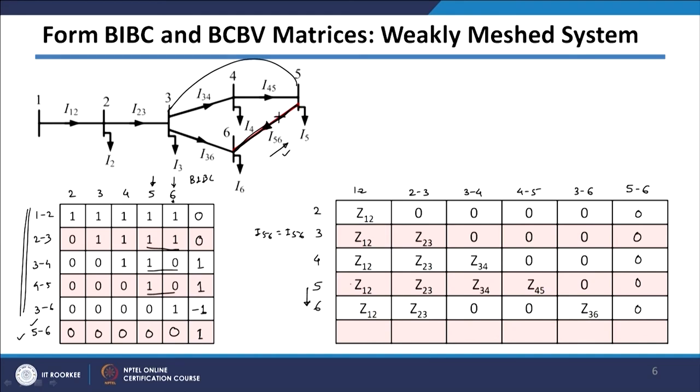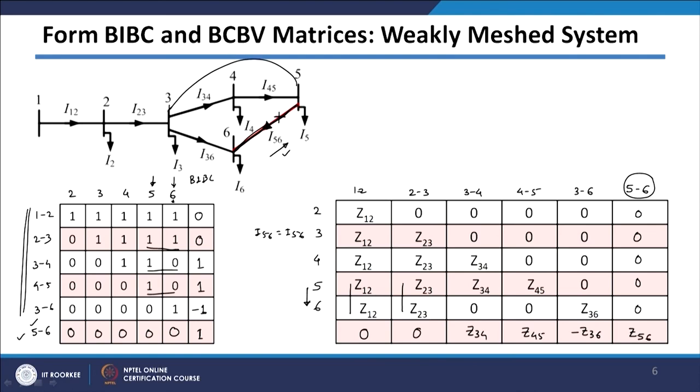So, in this case it will be Z12 minus Z12, which is 0, Z23 minus Z23, 0, Z34 minus 0, so Z34, Z45 minus 0, Z45, and 0 minus Z36, so it will be minus Z36. And here, as I told you, in the second step you need to replace this entry by the impedance Z56. So, here we need to put the impedance of Z56.